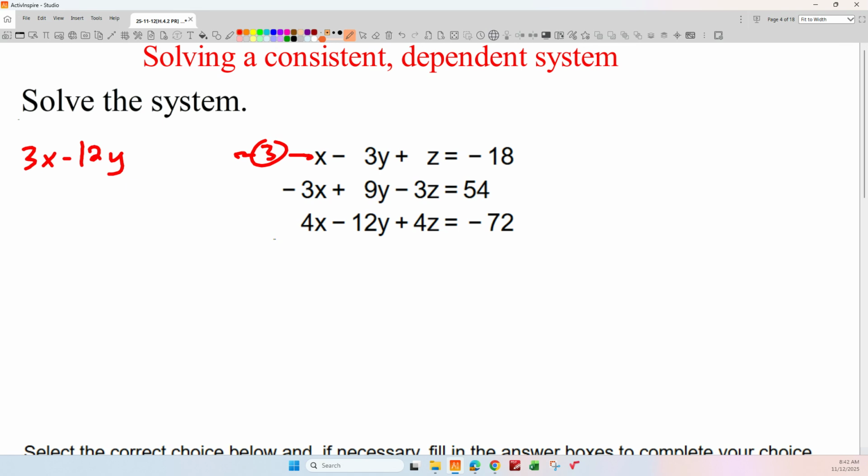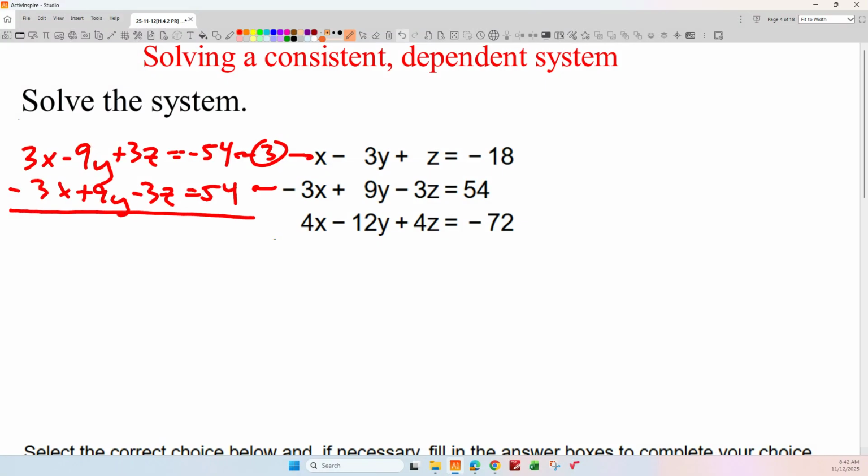Oh, 9y. Plus 3z equals negative 54. Leave the middle one alone, and what do you notice? If I add these up, I just get 0 equals 0.